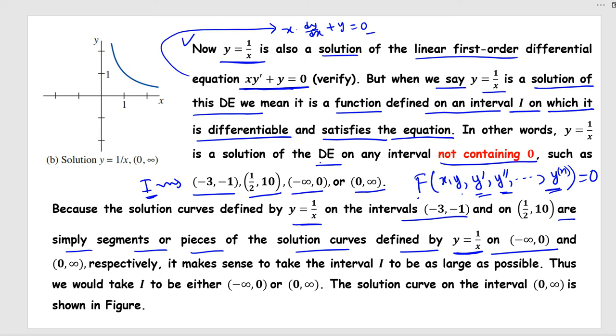So it makes sense that we have to take the interval I to be as large as possible. Thus we would like to take I either minus infinity to 0, or 0 to infinity.